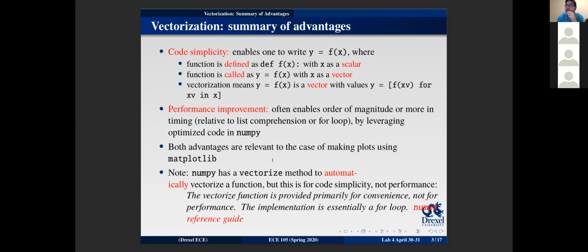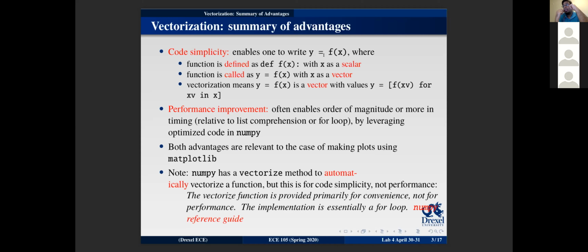For example, if we have y equals f(x), we might write def function with the input x, and that x is generally considered to be a scalar. If you have to call the function over and over again, you pass it through a loop and store the results of the function in an array. And if you have to plot them, you plot the scalar values against the vector of the function values that you get, right? That's what we generally do.